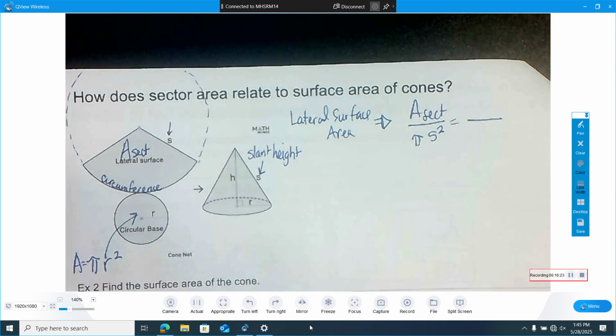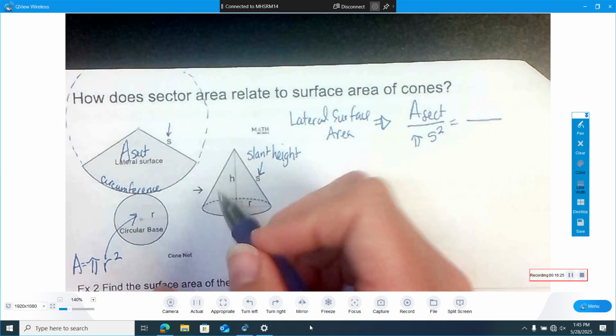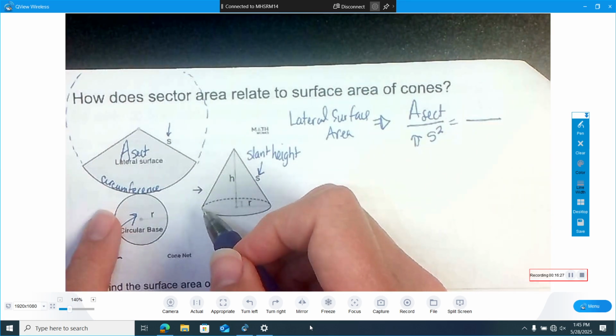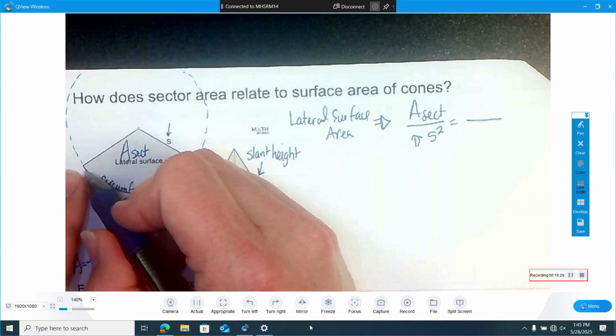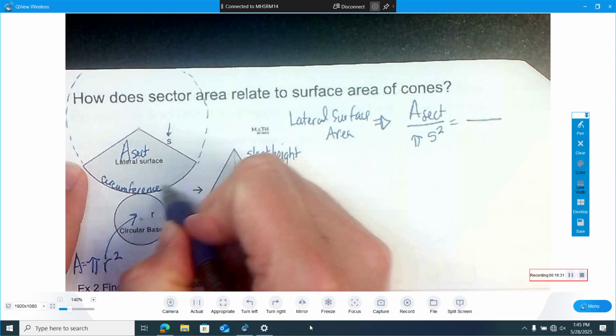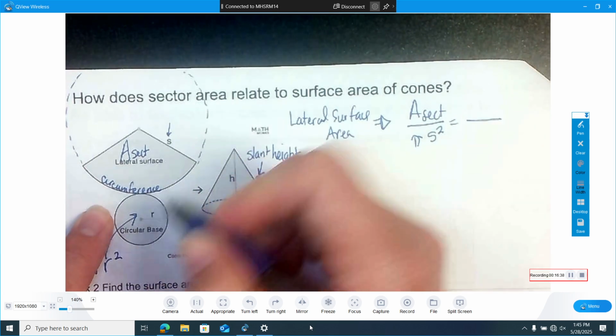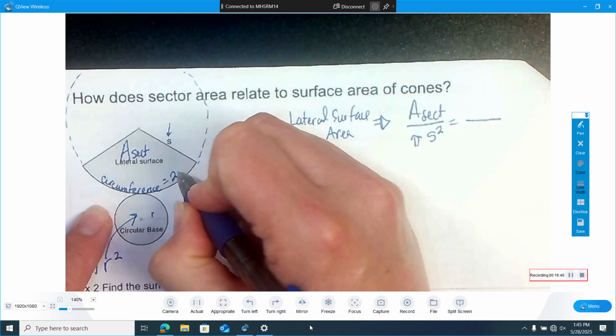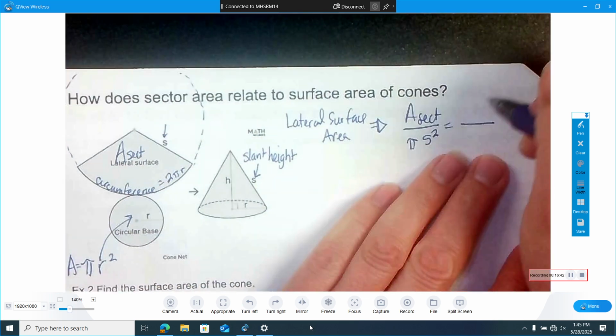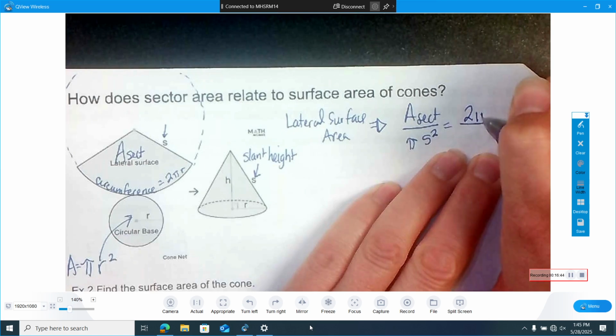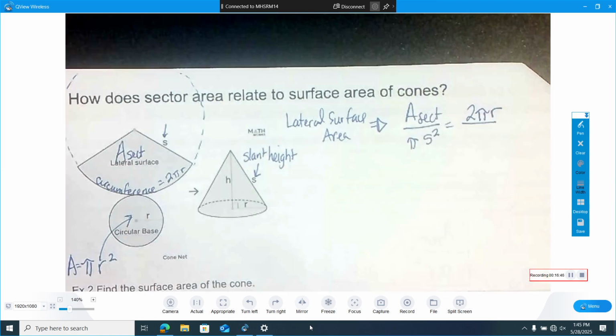So we're going to have the arc length. This length is equal to the circumference of this circular base. That's going to be 2 times pi times r.